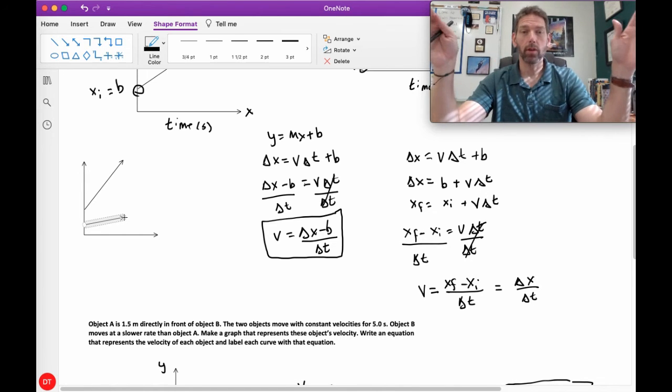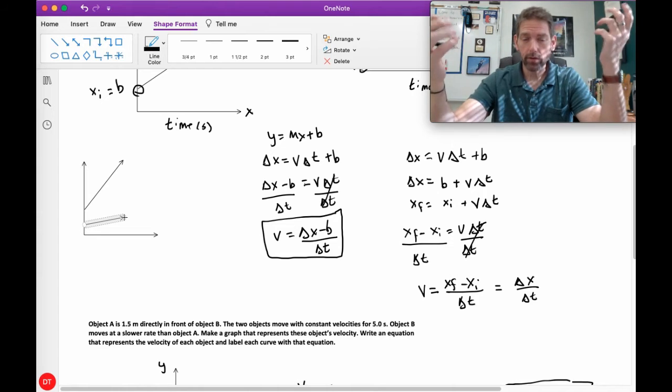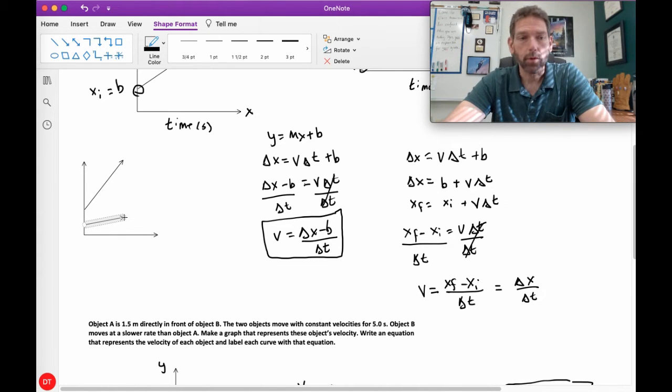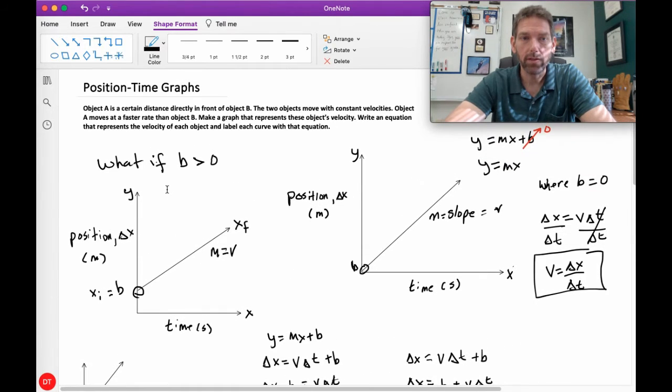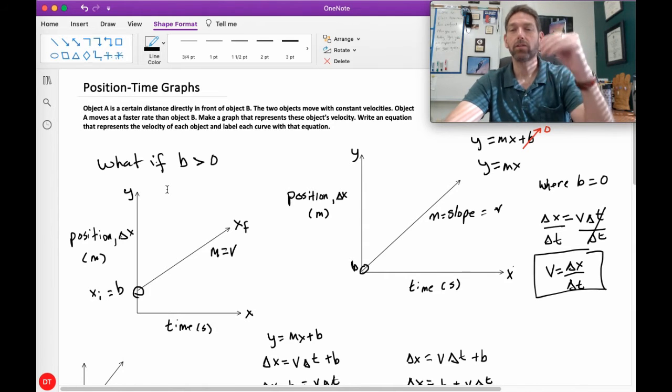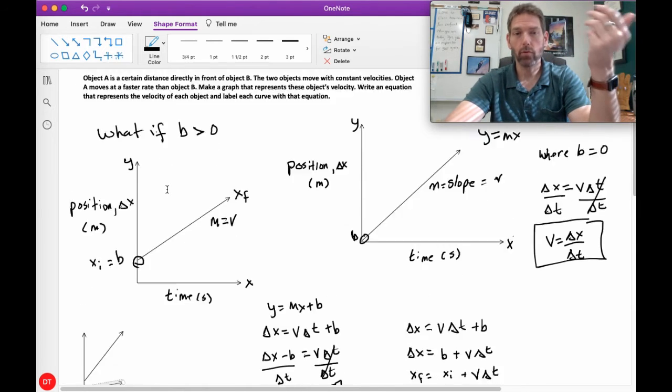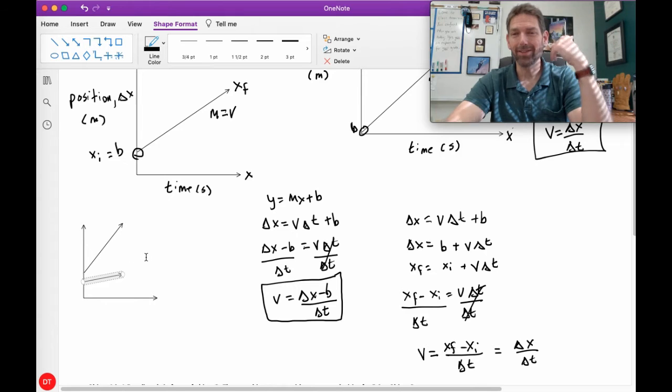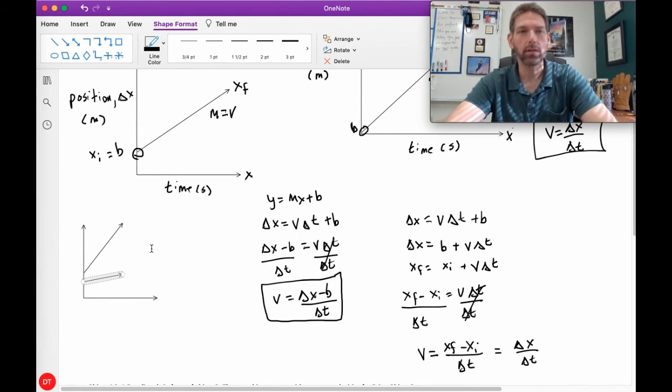What you draw can be a lot longer or a lot shorter than this. There's nothing that says B doesn't start down here at 0. B could be starting here. It's just that we know A is a certain distance directly in front of B.